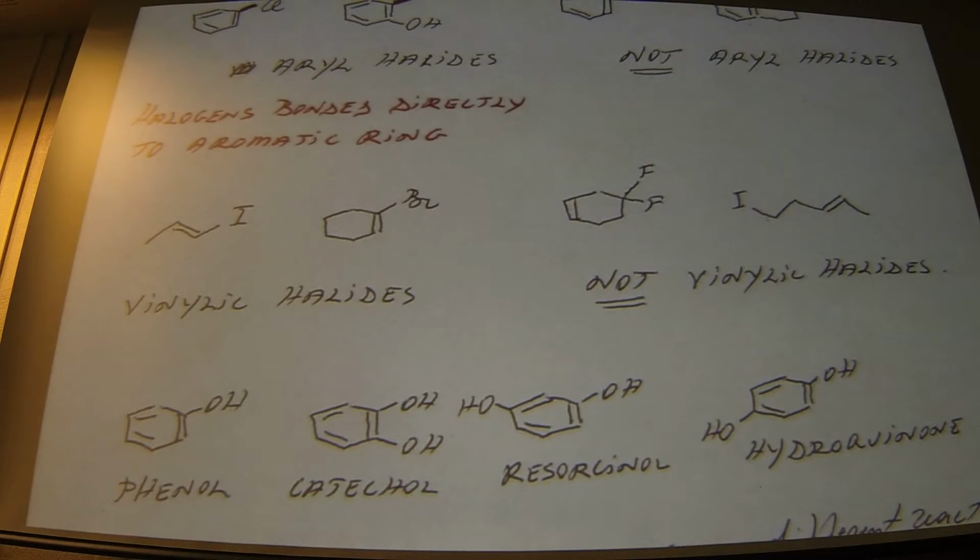Those were all reactions that took place primarily with halogens, but also with tosylates or other sulfonate esters that were aliphatic on the other end. And so now we're going to see reactions that take place with this kind of substrate.